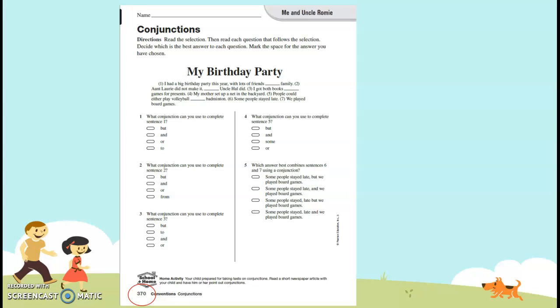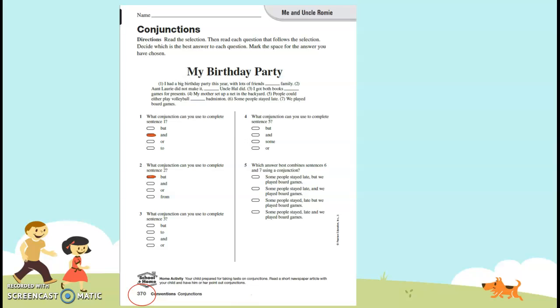My birthday party. I had a big birthday party this year with lots of friends and family. Number 2. Aunt Lottie did not make it, but Uncle Hall did. Number 3.